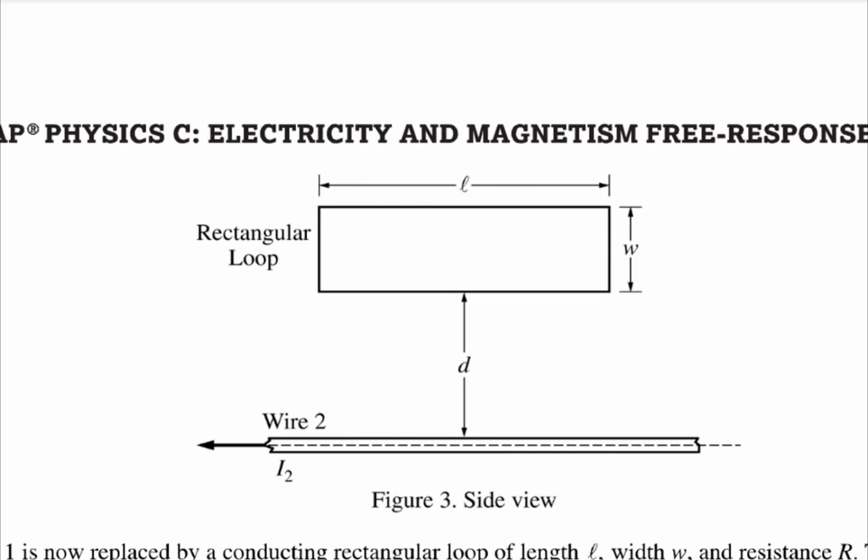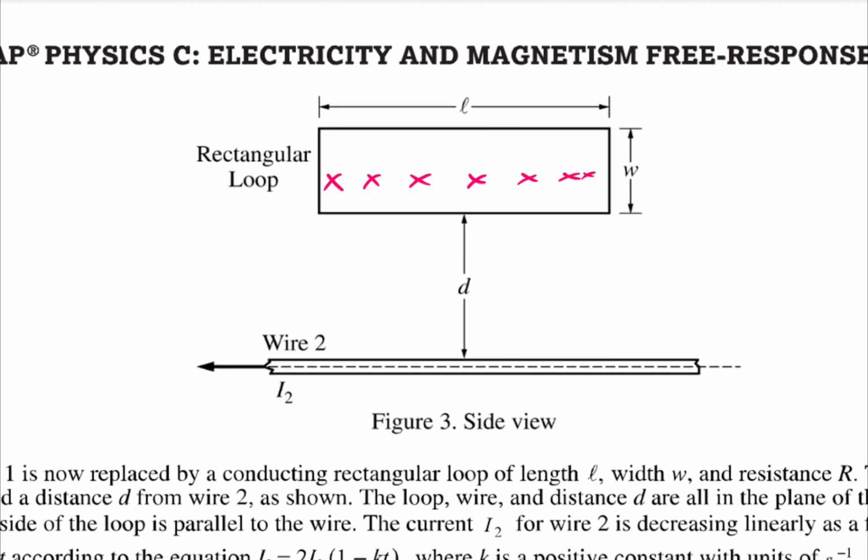So looking at wire 2, the magnetic field that it creates above it is going to be into the page. And it's telling me now that the current looks like this. So my magnetic field at this location from Ampere's law, we said, was mu0 I2 over 2 pi d. I don't want that to be d anymore because we're not staying at the location d. It's going to be over 2 pi r.